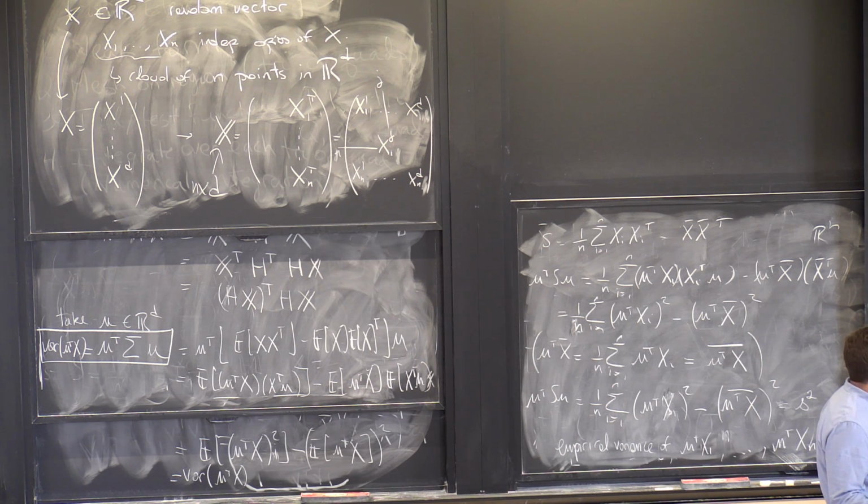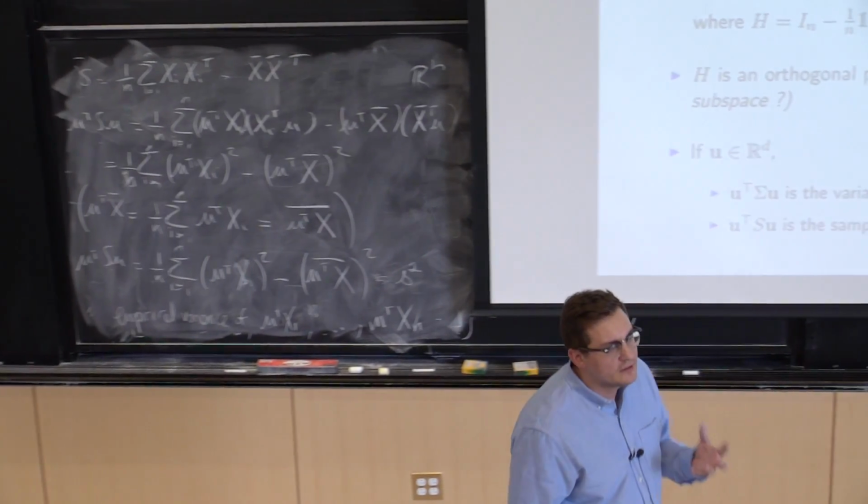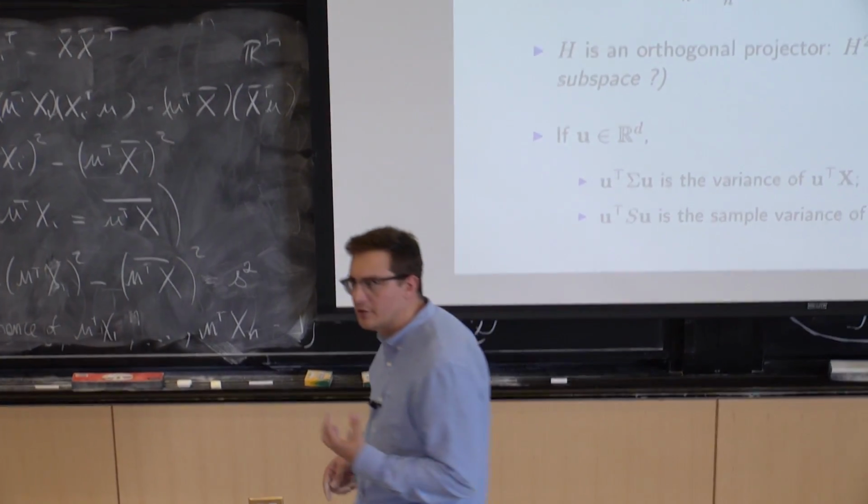So why variance? Why is variance interesting for us? I started by saying we're going to be interested in dimension reduction. Think of your points as being in dimension larger than 4, and we're going to try to reduce the dimension. So let's think for one second, what do we want from a dimension reduction procedure?